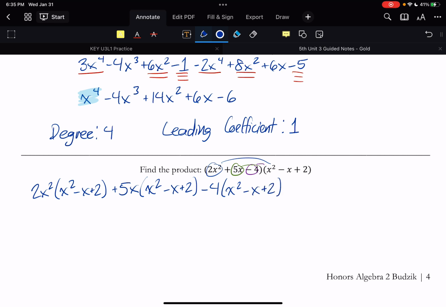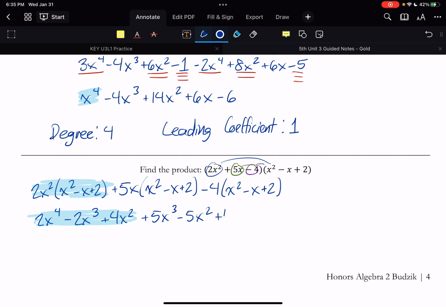And now there's just a lot of multiplying and combining like terms. So distributing that 2x squared gets me 2x to the 4th minus 2x cubed plus 4x squared. So this is taking care of that first. All right, on to the next one. 5x times x squared is 5x cubed. 5x times negative x is minus 5x squared.